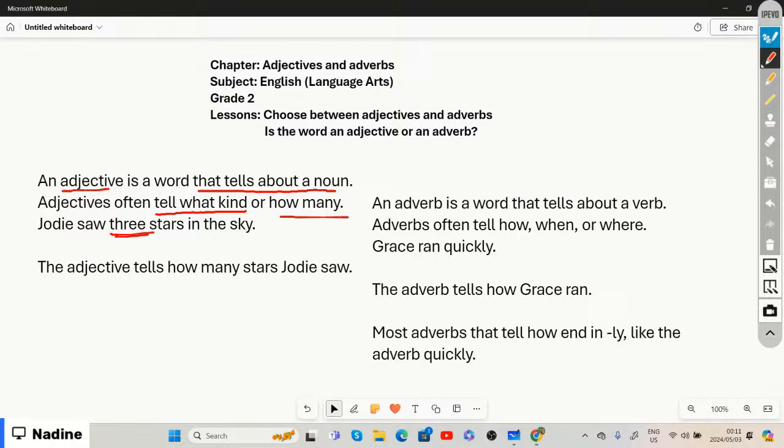All right. So before we continue, it's not even on here, but yes. So how many? 3 stars. So the word three, right? Not necessarily stars, but just three. Three is the adjective that tells us how many.